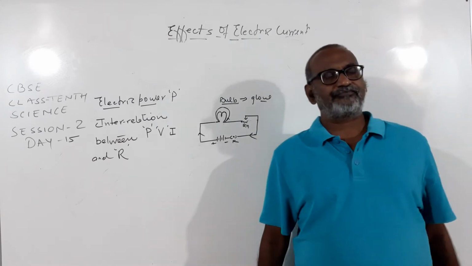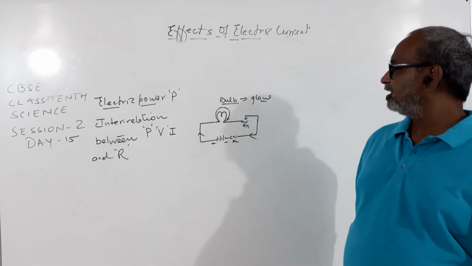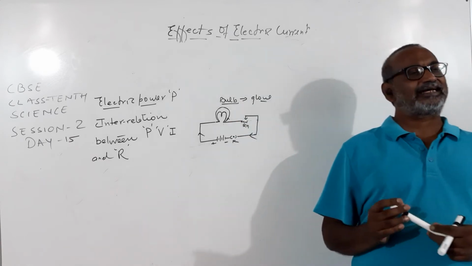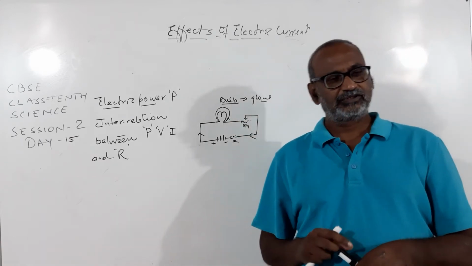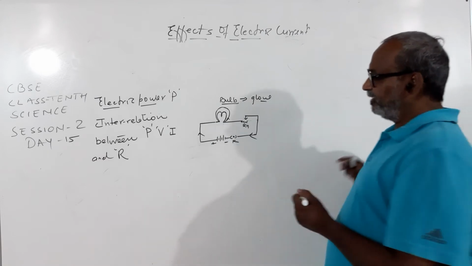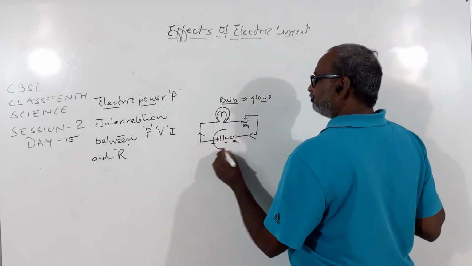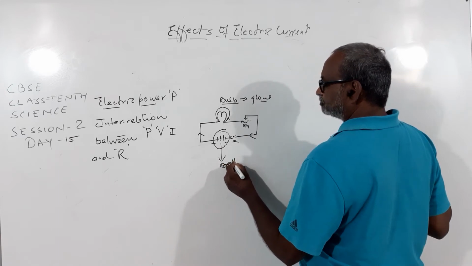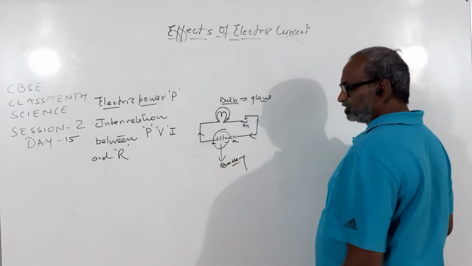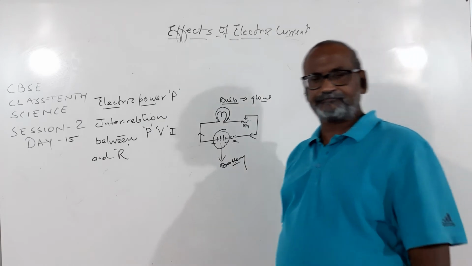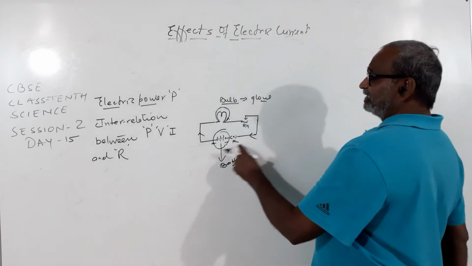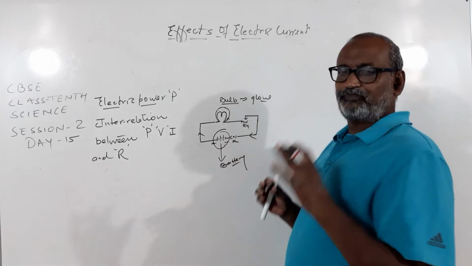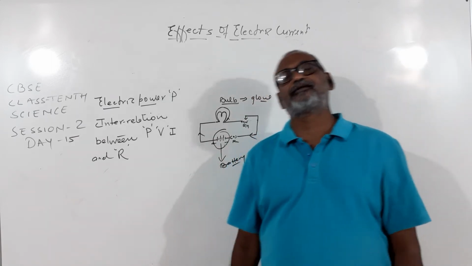Now tell me, from where has the bulb received energy? Obviously, from the battery. It means in an electric circuit, energy is being transferred.